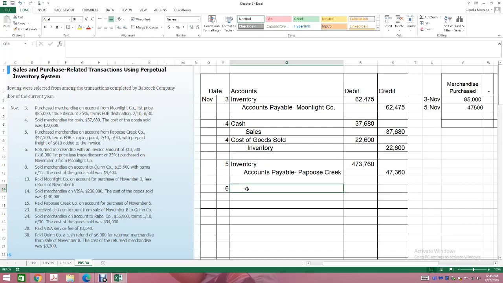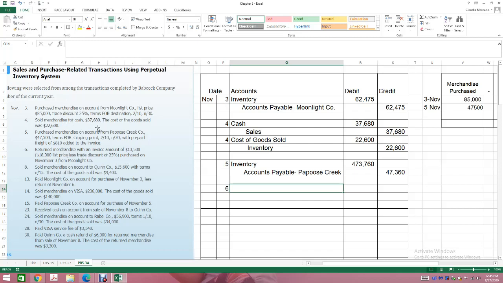So for the return, it says that you return merchandise. It doesn't say that you send them the money back yet. It just says that you return merchandise with an invoice amount of $13,500 purchased on November the 3rd. So we bought some of the goods, and for whatever reason, we returned a portion of them.